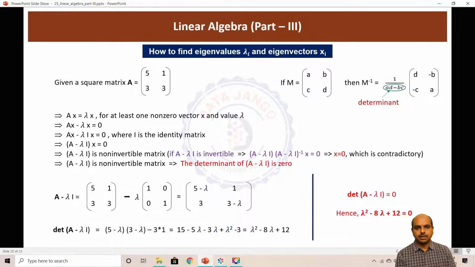In this equation, A minus lambda I cannot be invertible. That's the statement. Why? If it is invertible, that means A minus lambda I whole inverse must exist. If you multiply this equation with A minus lambda I inverse on both sides, on the right side it is anyway 0.